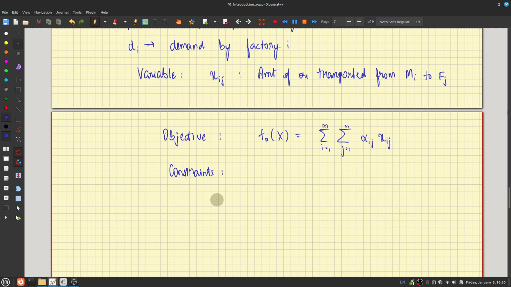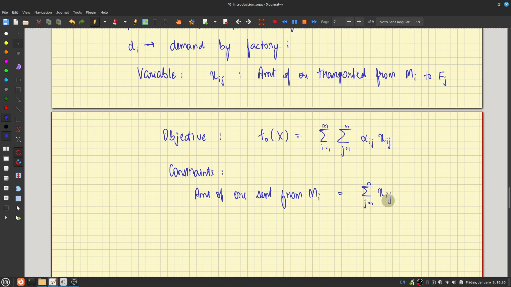The amount of ore sent from the ith mine is nothing but summation j equal to 1 to n of xij, right?